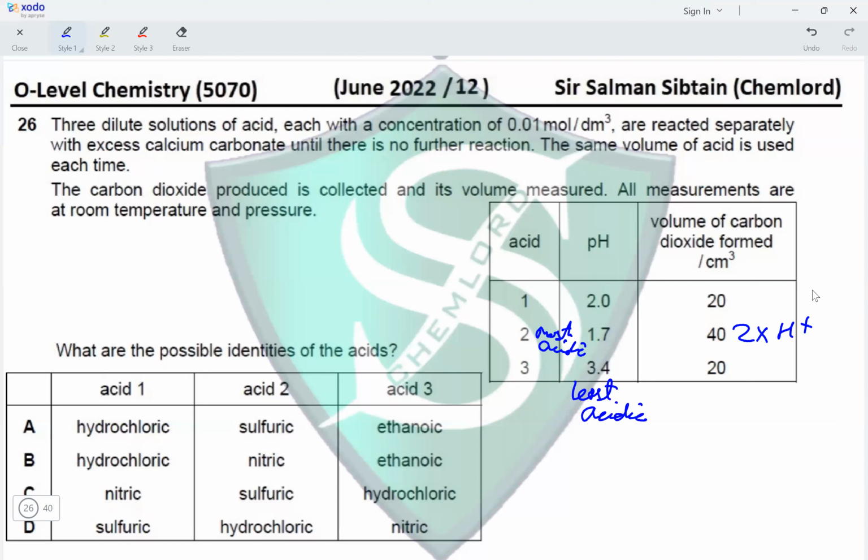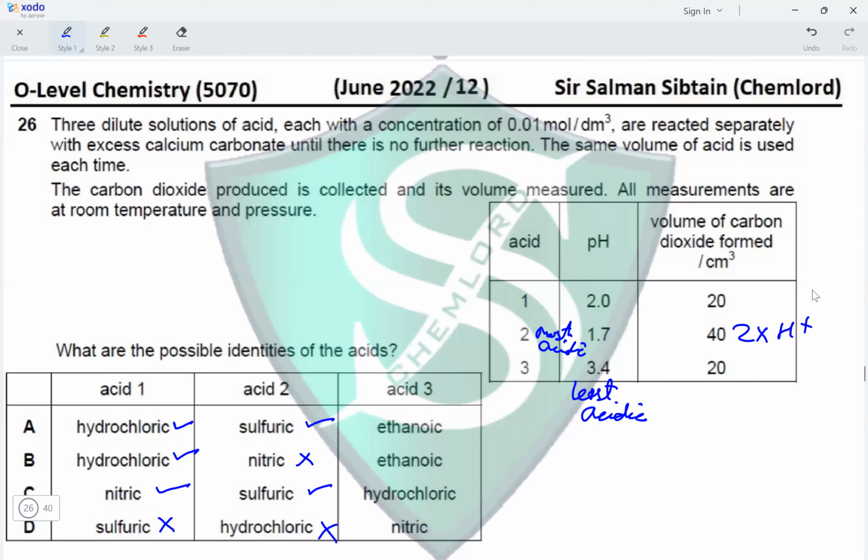So the question is asking us, what are the possible identities of acids? So acid 1 can be hydrochloric. Yes, it can be nitric, but it can't be sulfuric because sulfuric has got twice the number of H positive ions as hydrochloric or nitric. Acid 2 could be sulfuric. Yes, it cannot be nitric. It cannot be hydrochloric.